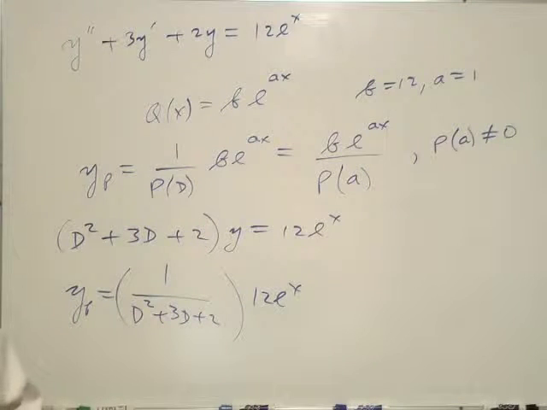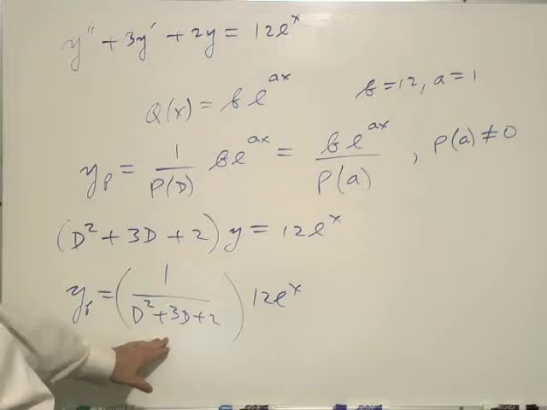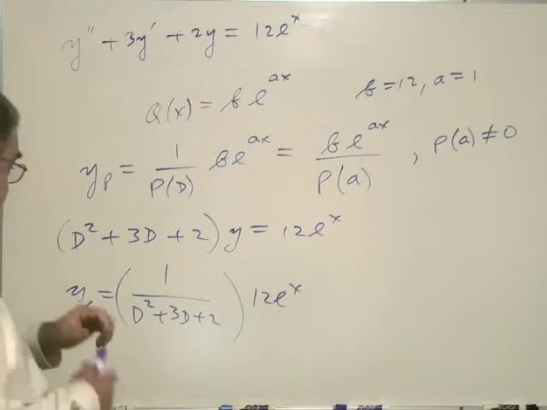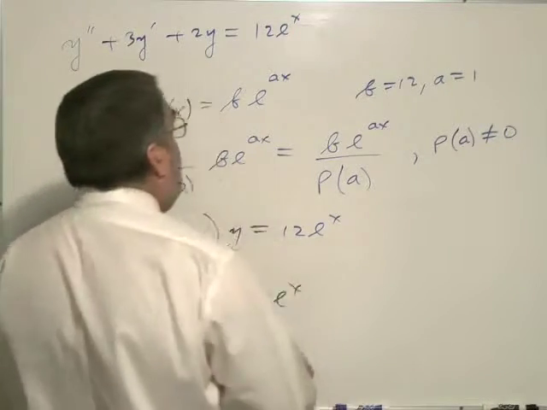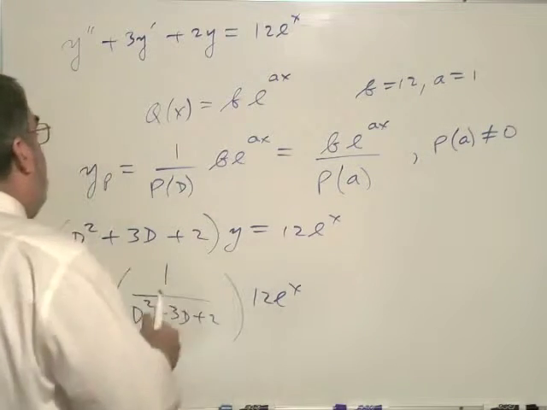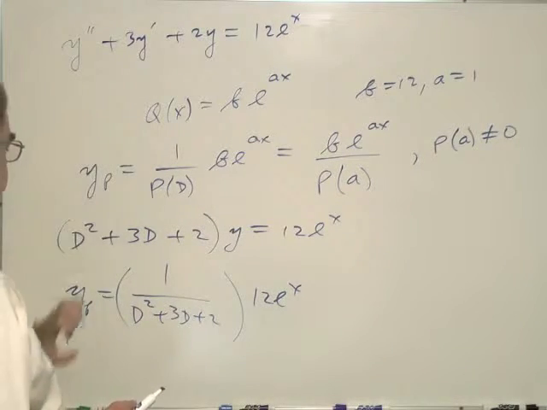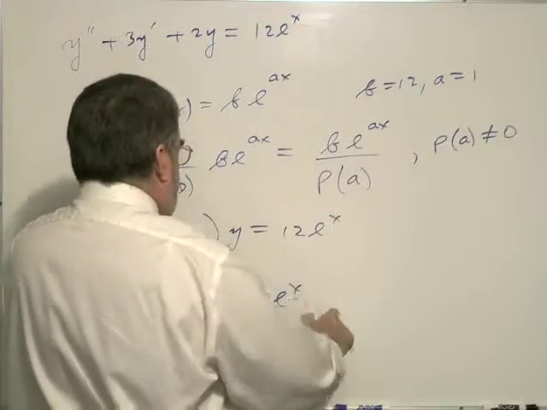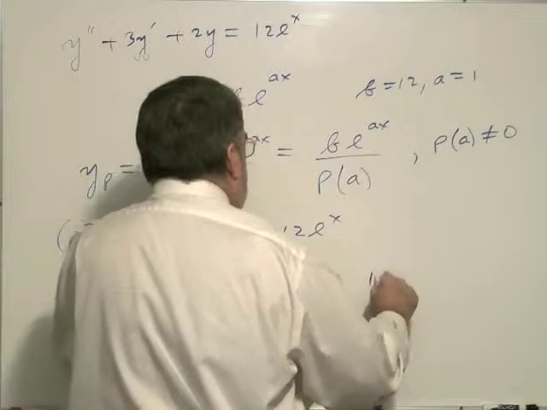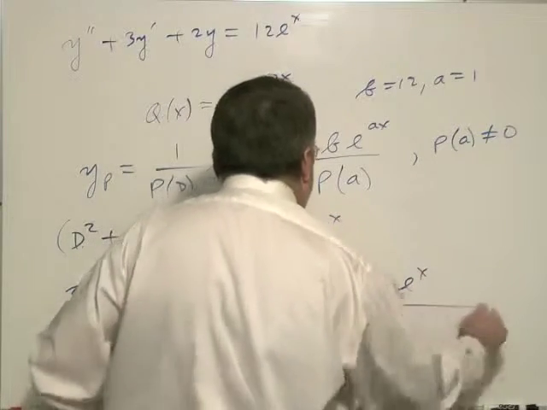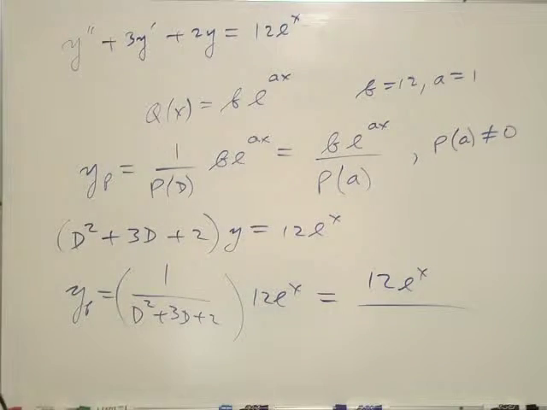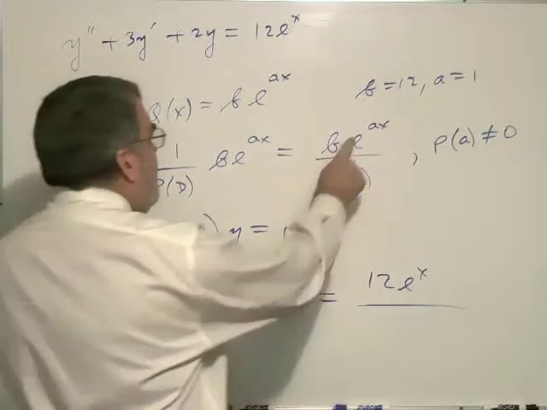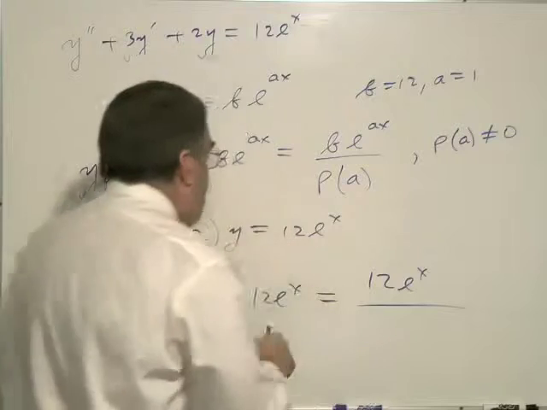So where was I? We were down here, and y particular is 1 over this polynomial operator operating on 12e^x. Using this theorem, and it is a theorem, I can recopy the 12e^x and put it over this polynomial, replacing D with the letter a, in other words, with a constant.